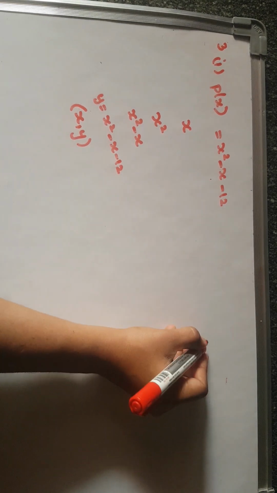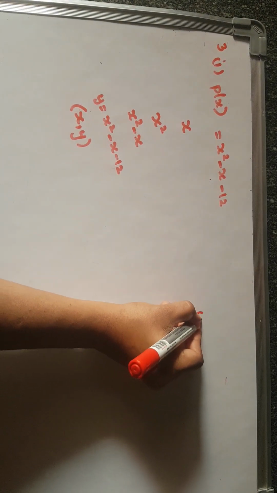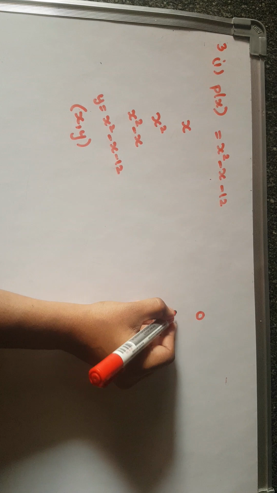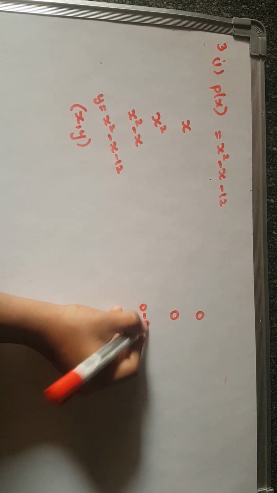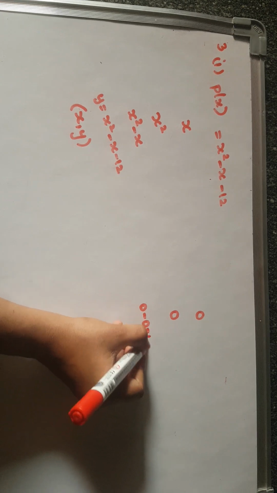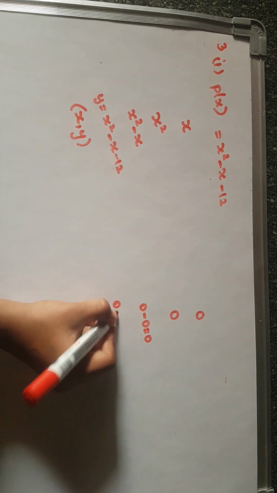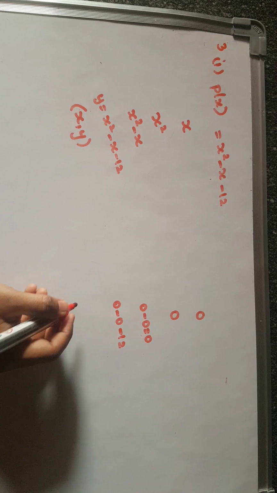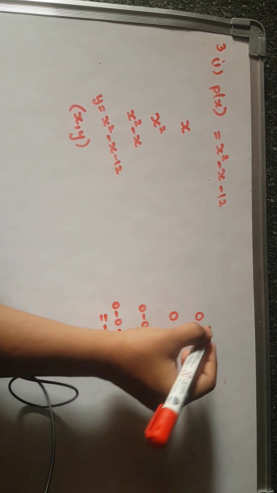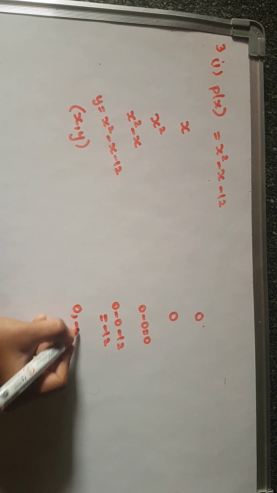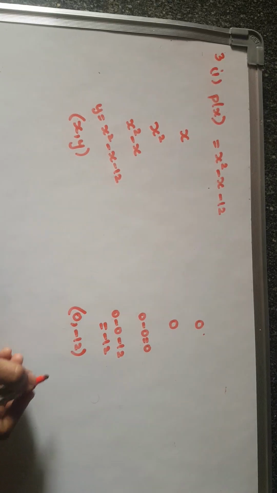Now in the middle, you can take 0. 0 square is 0, x square minus x is 0 minus 0 which is 0, and then the value becomes 0 minus 0 minus 12, which is minus 12. So when you take 0, the value becomes minus 12.